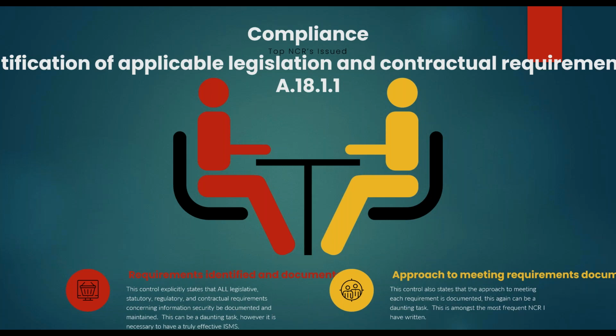I know a lot of times companies will already have policies and procedures documented in order to meet those requirements. So for this purpose, you could simply reference those policies and procedures. You wouldn't have to retype it on the same document that you've identified them on. But you should be able to reference or to explicitly state for each of those identified requirements how you're meeting and ensuring that you're complying with those.